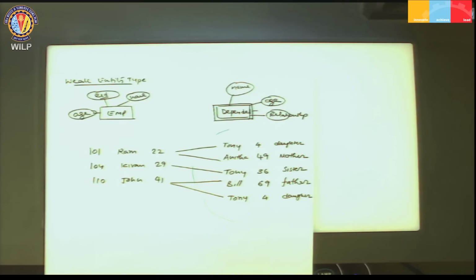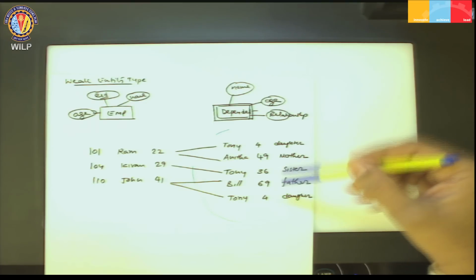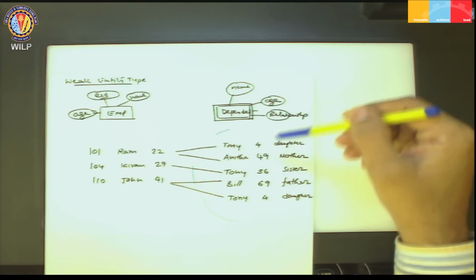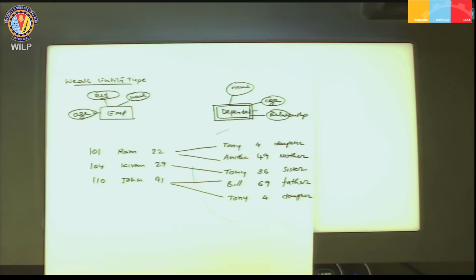What value of what attribute can provide unique identification? If you look at employee ID, the value of employee ID in that set can provide unique identification for the entities in the given employee entity set. But if you observe the dependent, no single attribute value can provide unique identification. Can I make name the key, a candidate key there, or key there?